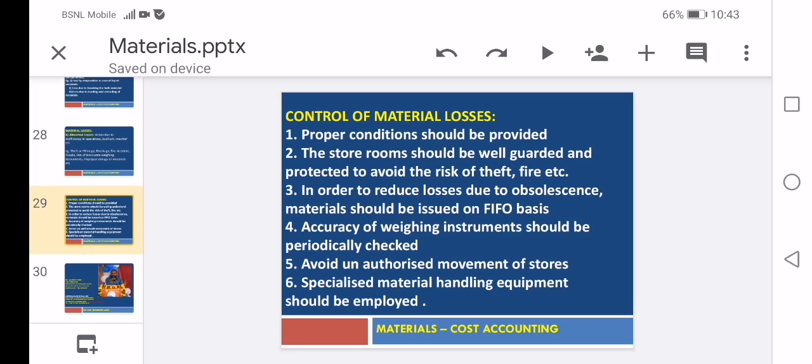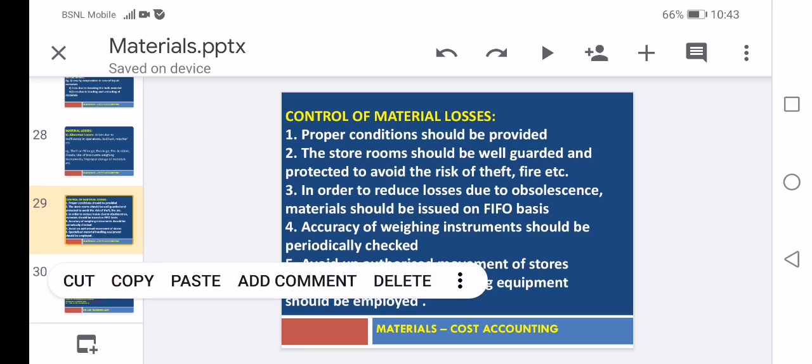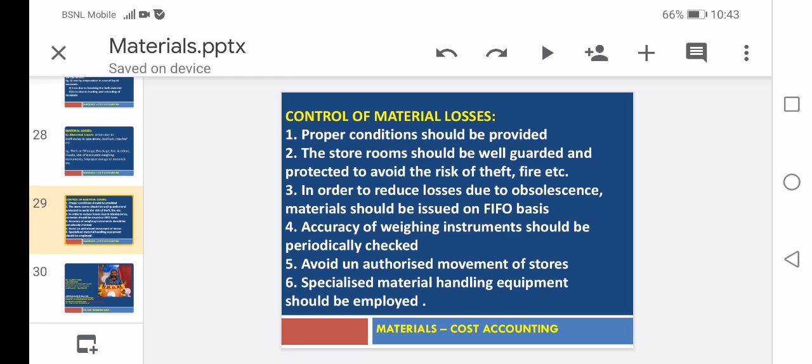Material first received and stored in the godown should be issued first to the production department to overcome the problem of obsolescence of raw material, like all perishables, vegetables, fruits and some medicines etc.